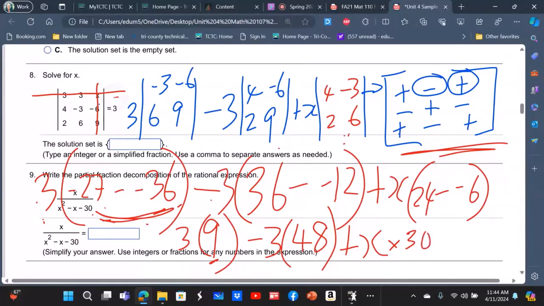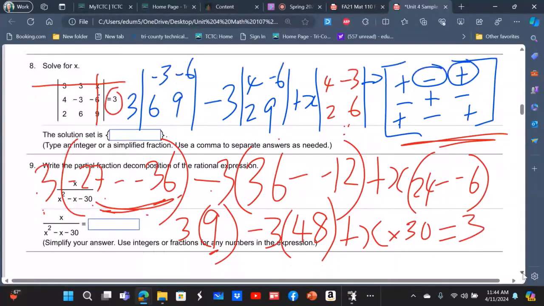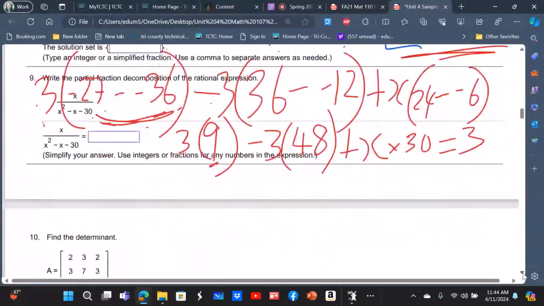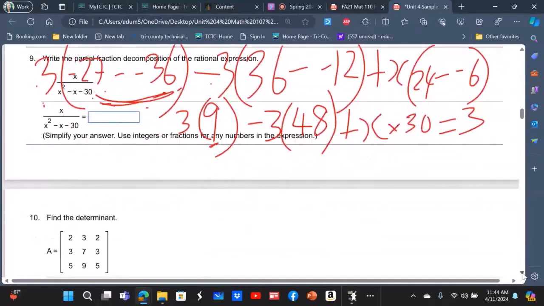Okay, by the way, I'm told that all these things are equal to 3. So I will arrow up and clear the left-hand side. 3 times 9 is 27. 48 multiplied by 3.